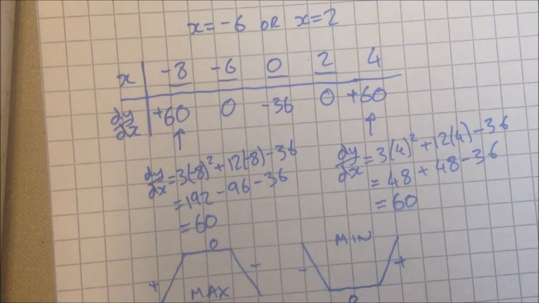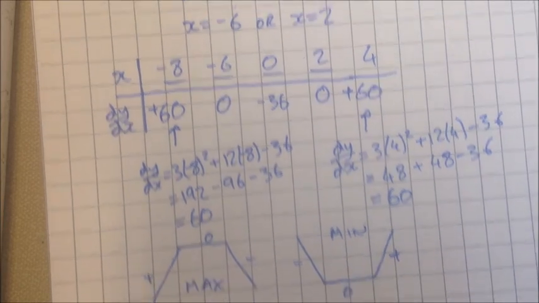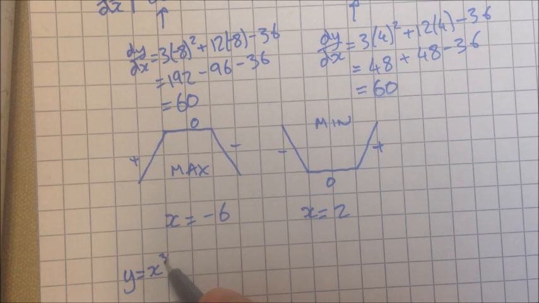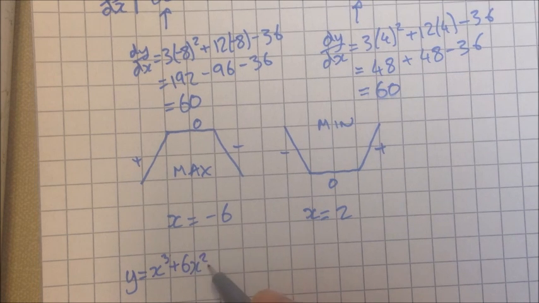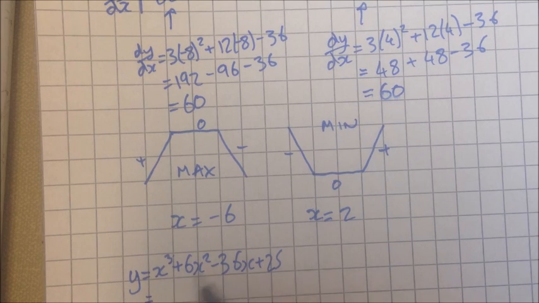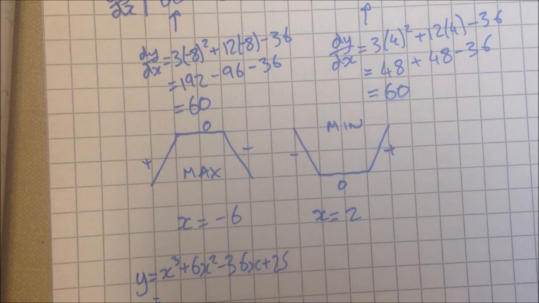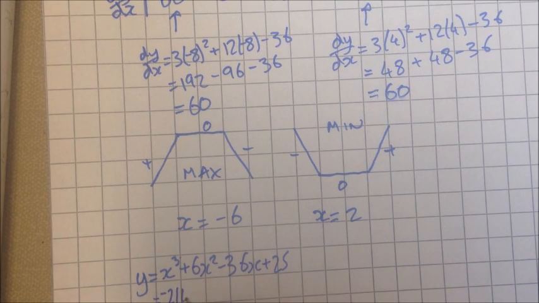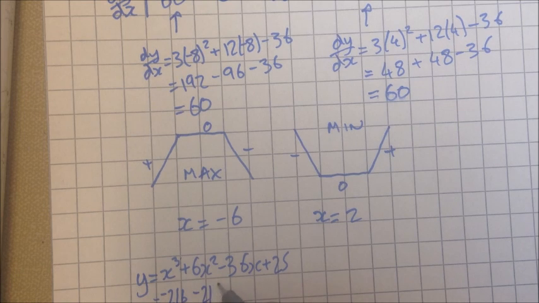So y equals x cubed plus 6x squared, take away 36x plus 25. So let's try and do this quite fast. Negative 216, negative 36 times 6 is negative 216.